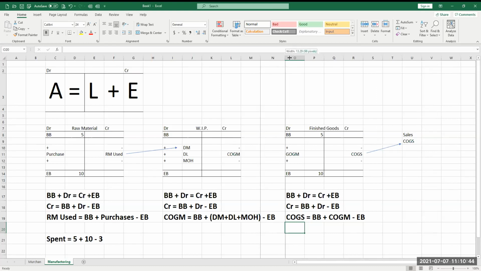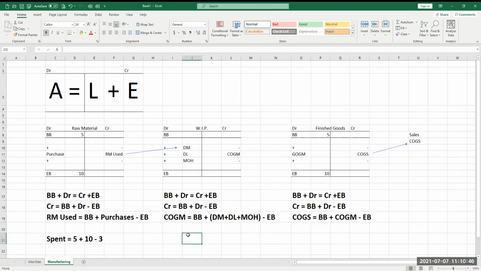Are you following me, people? Yes, Professor. Okay. So in order to get cost of goods sold, what do I need? I need the beginning balance, ending balance, and cost of goods manufactured, right?